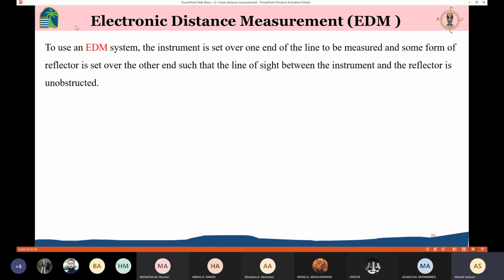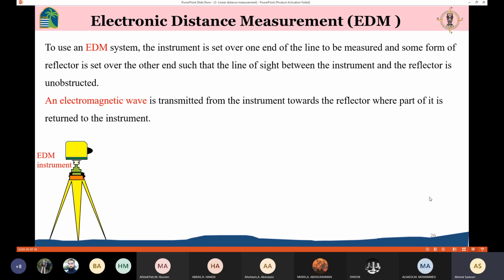So in order to use an EDM system, the instrument is set over one end of the line. So at one end of the line, assume this one is point A, this device is going to be fixed here exactly at point A. And at the other end, point B, we are going to put some kind of reflector. So at point A, I'm going to install the EDM instrument, and at point B, I'm going to install some kind of reflector.